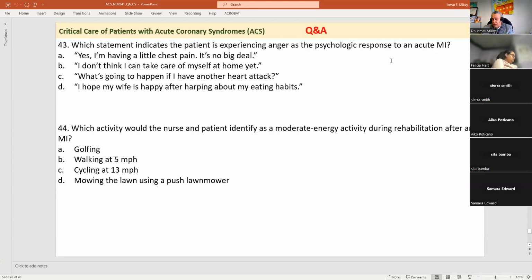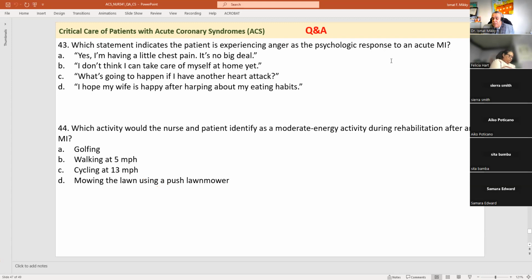All right, 43. Which statement indicates the patient is experiencing anger as a psychological response to an acute MI?